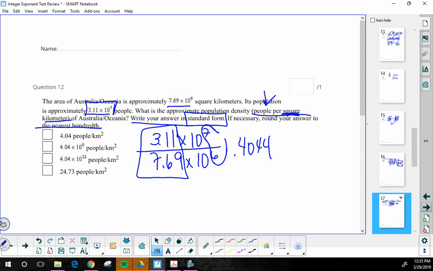Then when I subtract this, I'll get times 10 to the 1st. So it says to put my answer in standard form, so all I need to do is just work this out, move my decimal over based on that exponent. So it's 4.044. And it says to round my answer to the nearest hundred. So it's that, 4.04 people per square kilometer.